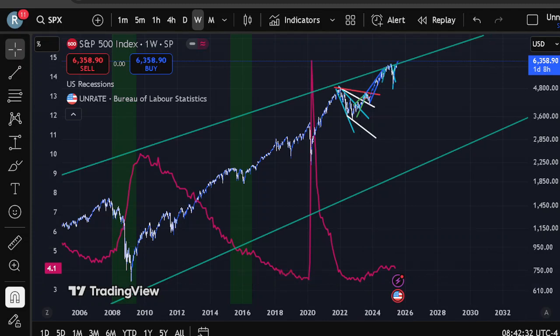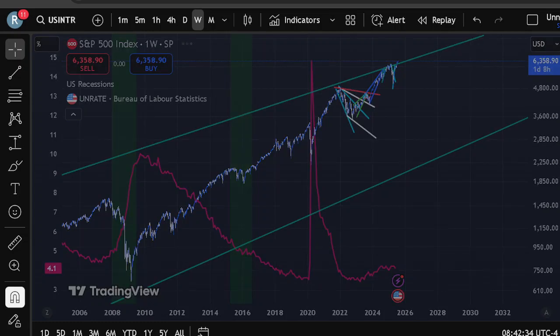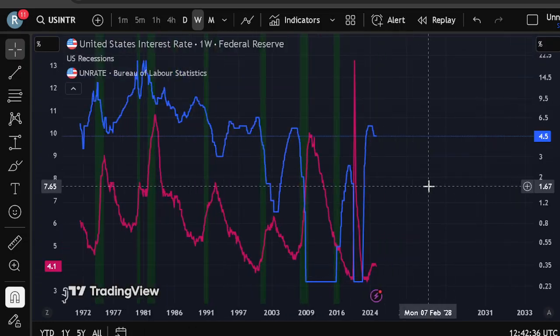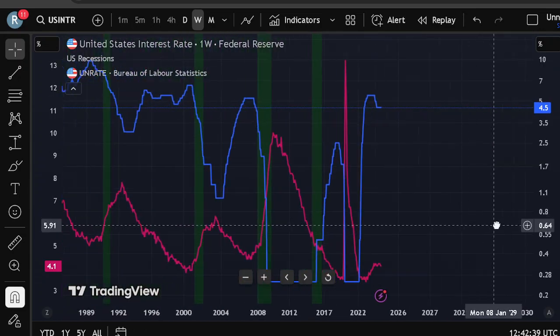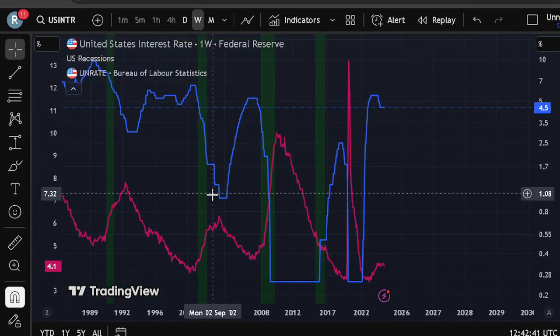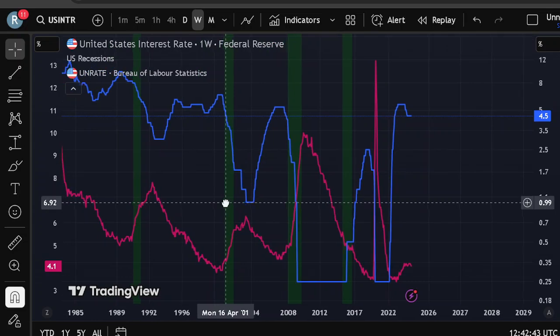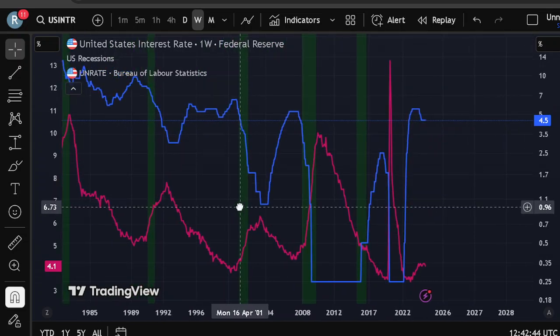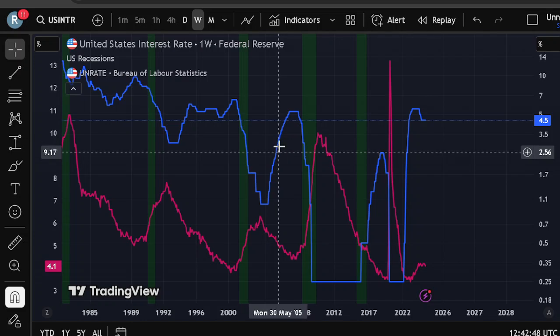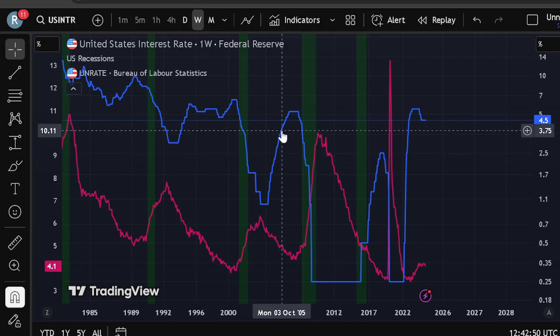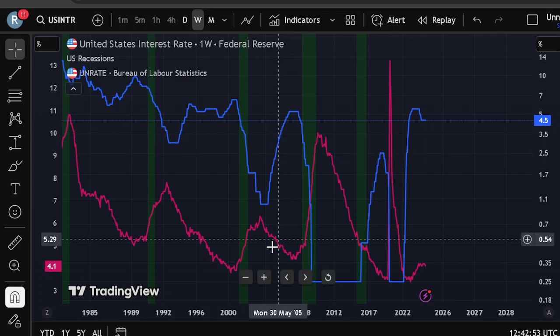So let's switch to this chart, which you can see that the interest rate in blue and the unemployment rate is red.